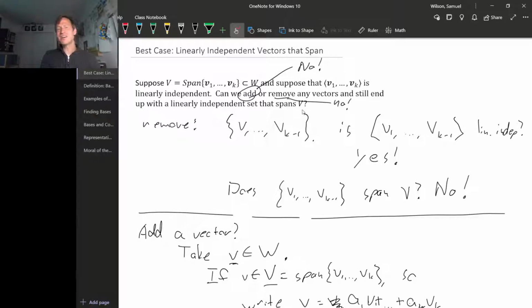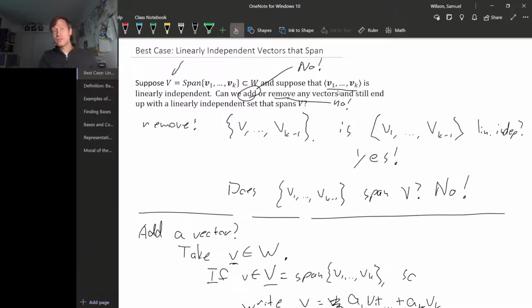So what we're seeing here is that if you have a set that not only spans a vector space but is also linearly independent, that's sort of the best way to span that vector space. On the one hand, you can't remove any vectors. All of the vectors in this spanning set, you need them all, but also you can't add anything because you would either lose linear independence or change the span of the vectors.